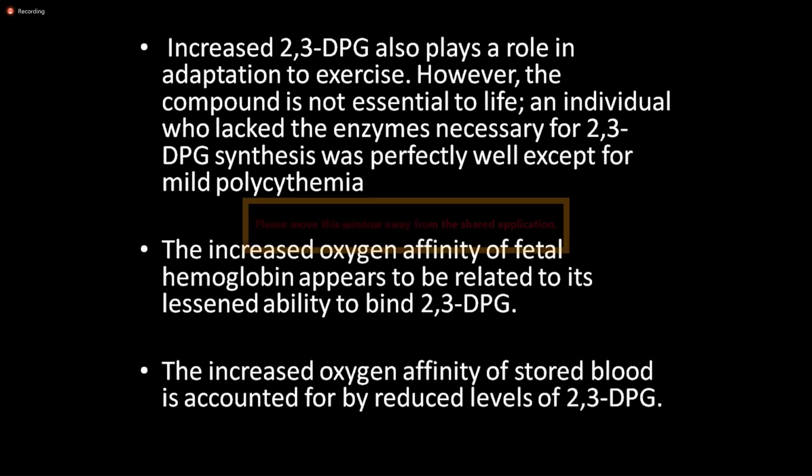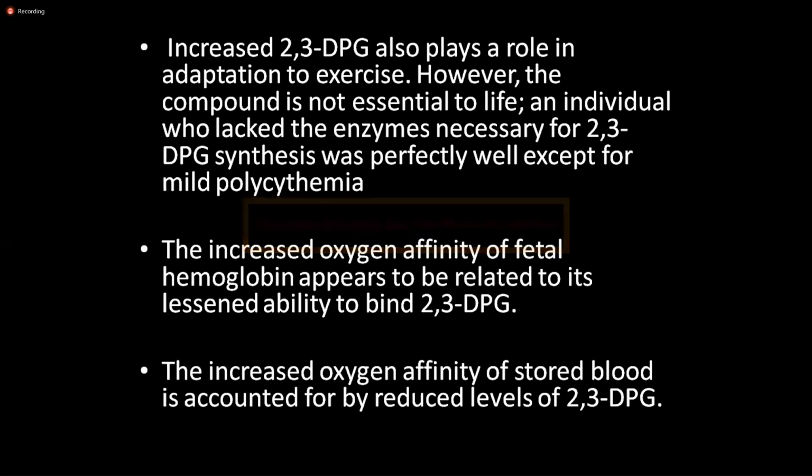So when you go to altitude, you see the level of 2,3-BPG is very high in the people living in the mountain area or the hilly area, compared to the people living in the plain land. Okay, so increased 2,3-BPG also plays a role in adaptation to exercise. The people who do a lot of aerobic exercise also have a high level of this compound in the RBC.